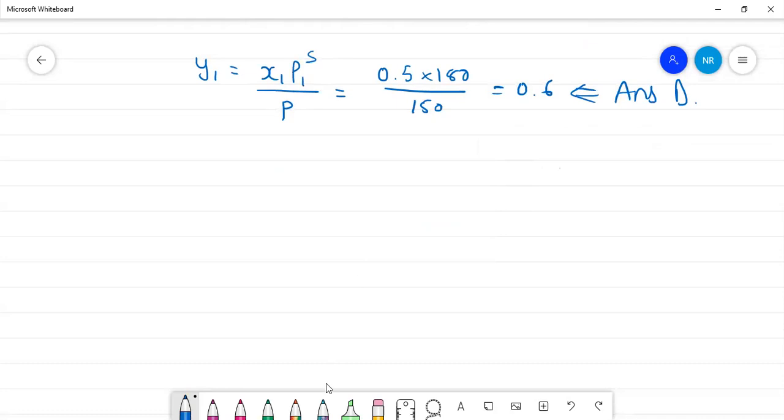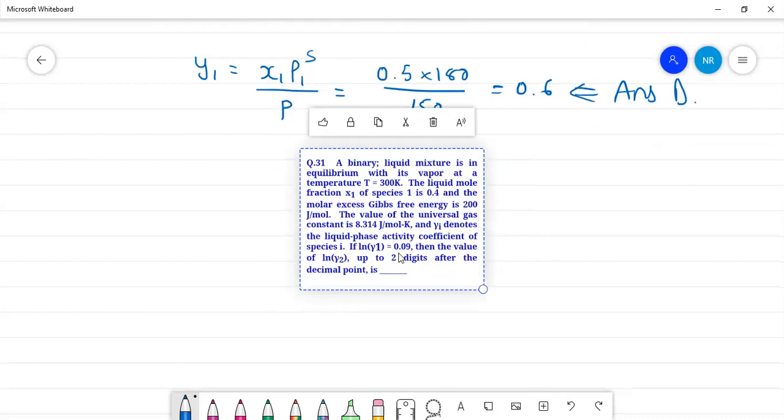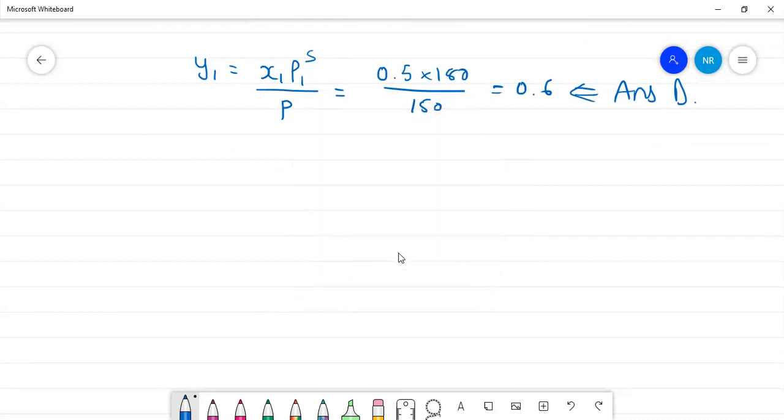This is not an example. But yes, this is the example. But the equation doesn't tell. Okay. We'll do it afterwards. 2003.